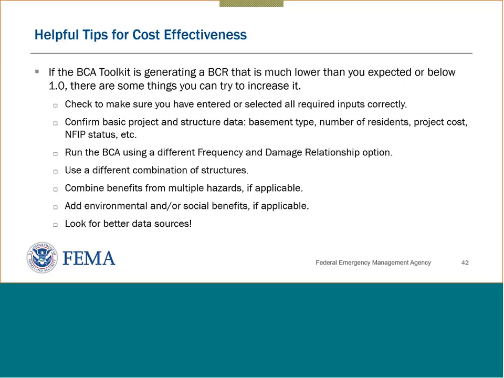Use a different combination of structures. For example, if you want to elevate 6 homes in a cul-de-sac, and a couple of buildings have a benefit cost ratio that's low enough that it drags down the whole project, maybe leave one of those out of the project and see if that improves the benefit cost ratio.